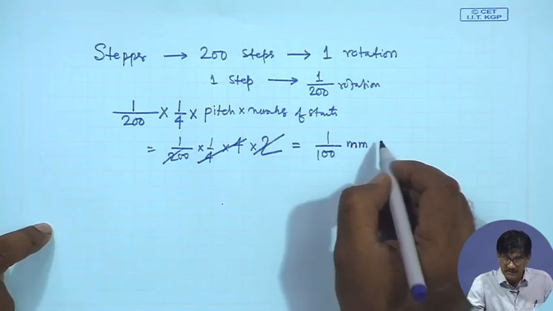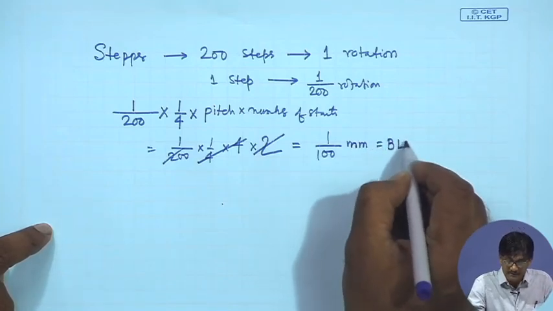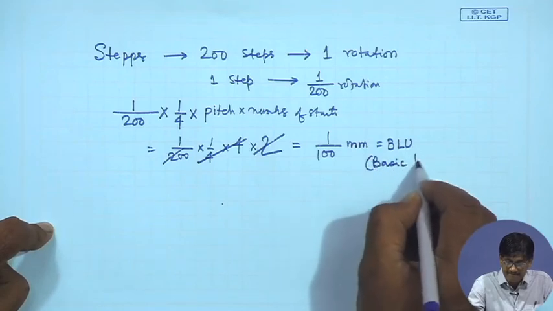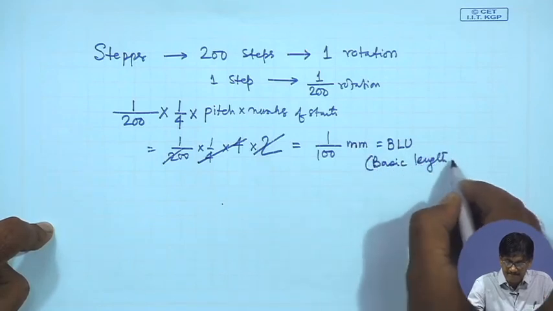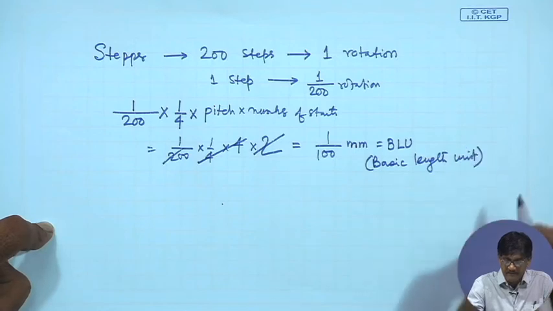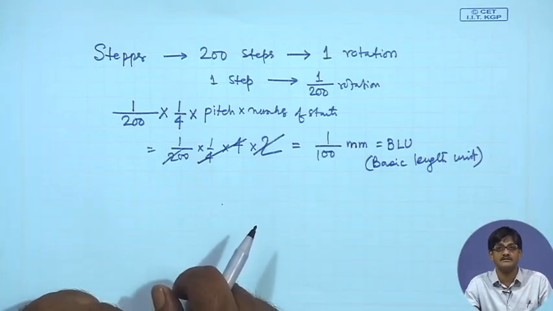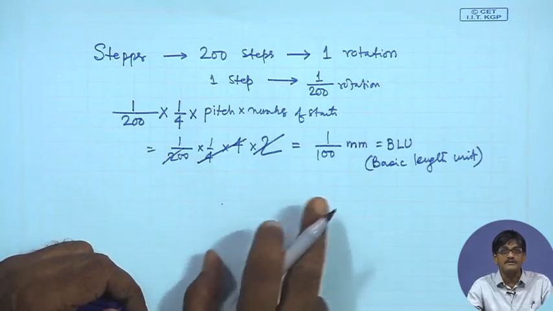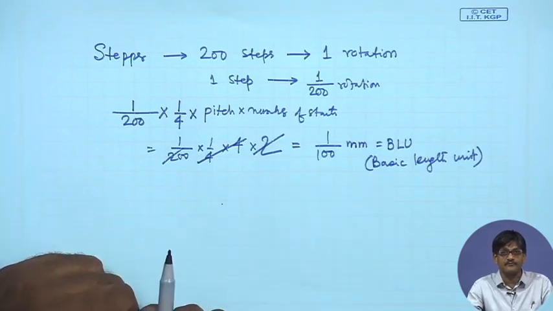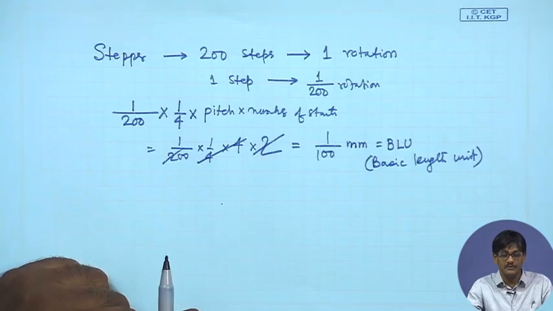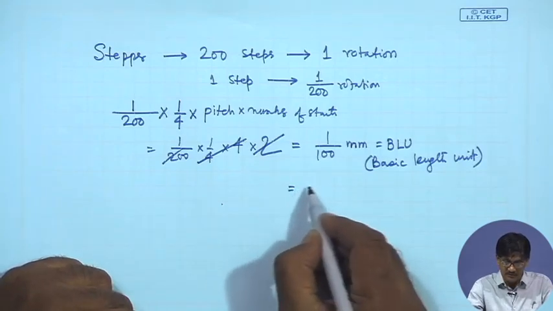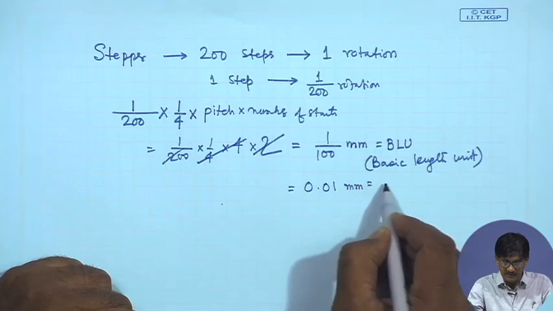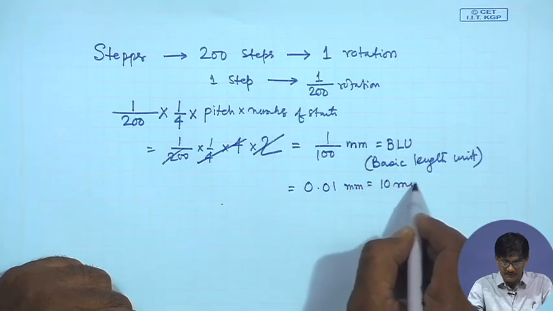The basic length unit, that means the smallest distance, or rather the distance moved per step of the stepper motor. Okay. How much is this? Therefore, this is equal to 0.01 millimeters equal to 10 microns.